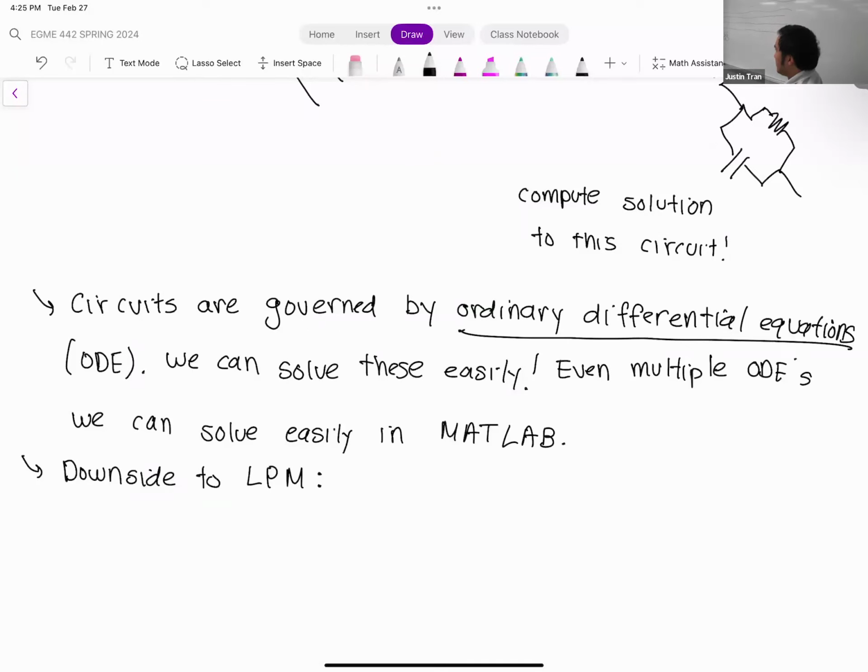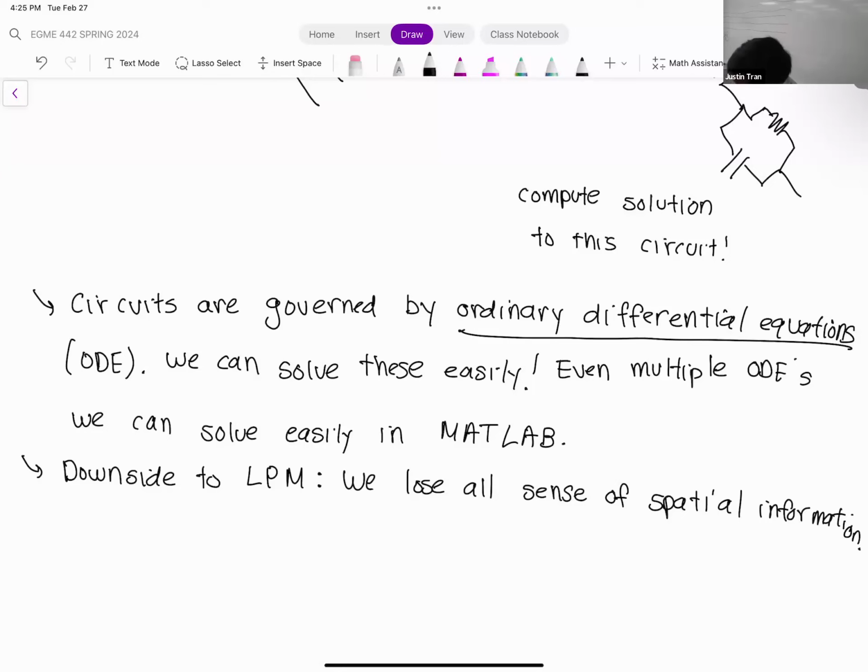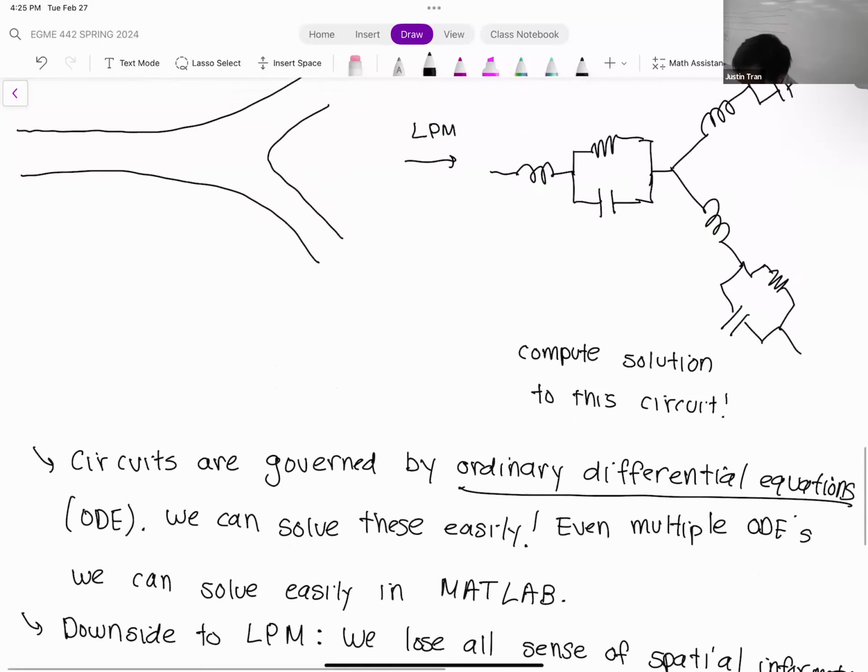Let's dive into this a little bit deeper. The main drawback to using LPM is that we lose basically all sense of spatial information. What do I mean by that?